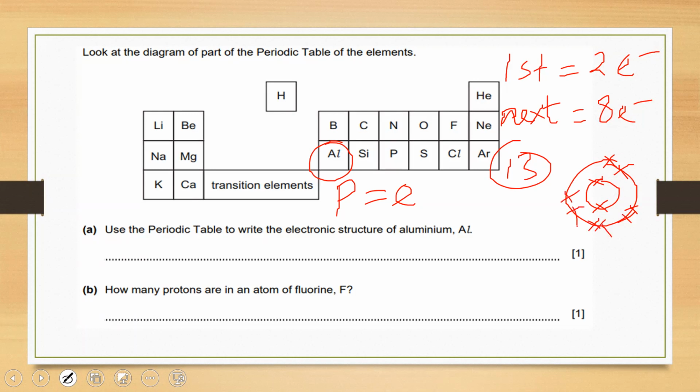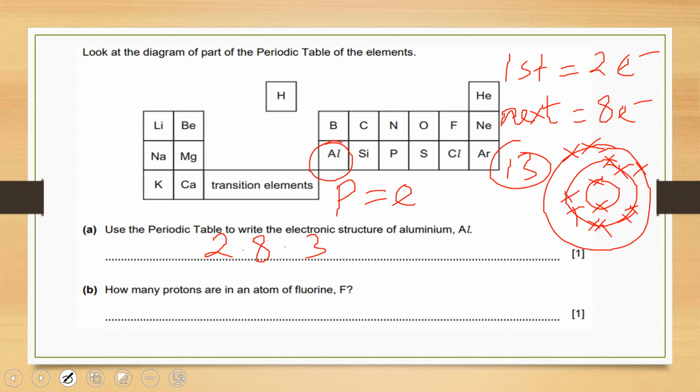I've used 10 out of the 13 electrons. It cannot accommodate more, so I have to move to the next shell. That's 1, 2, 3. But the instruction is to write it, so all I need to do is write 2, 8, 3, with a dot or a comma between them.